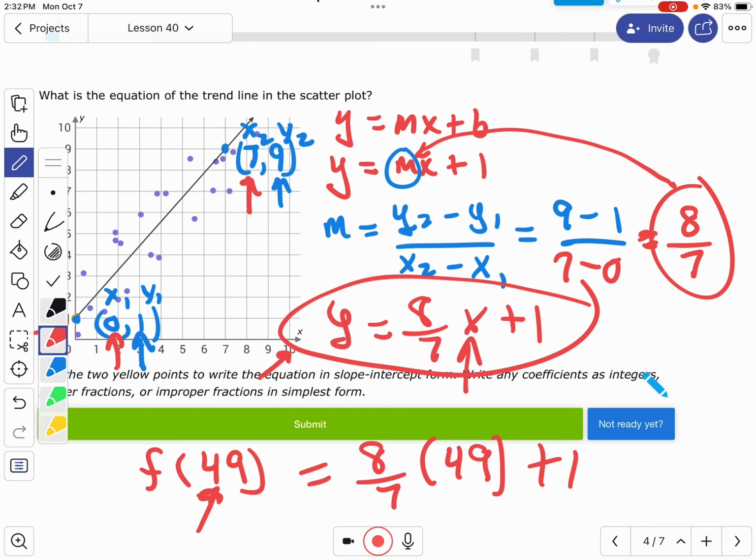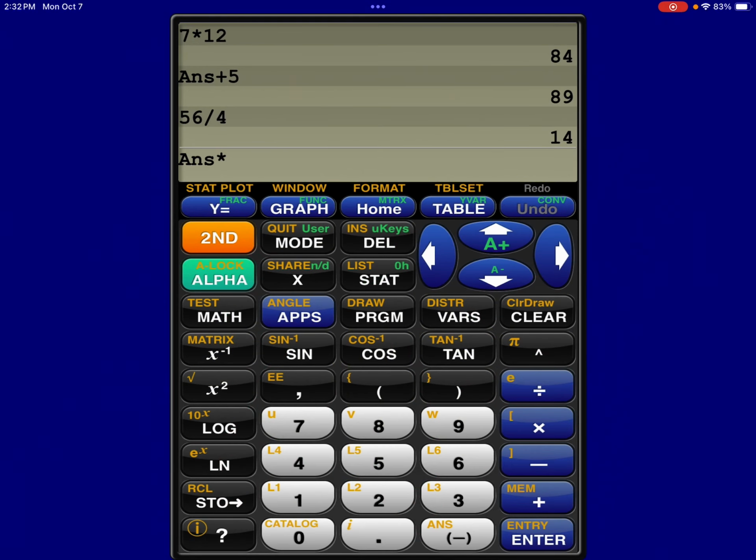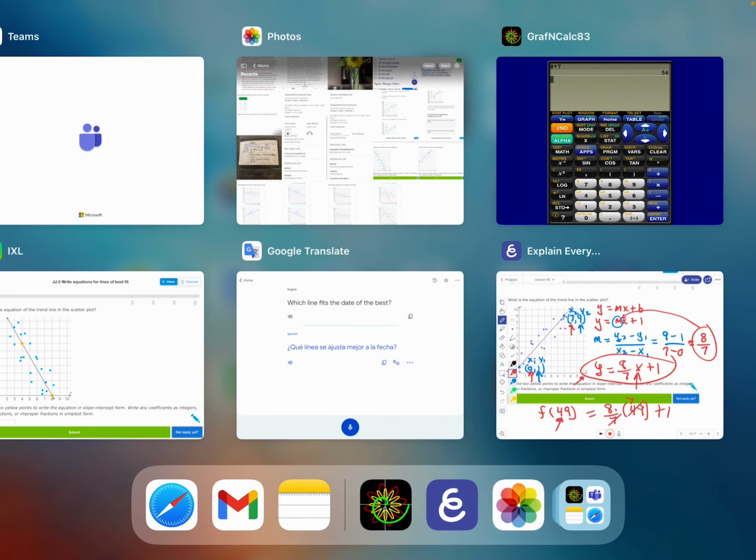And so as we solve this, we'll see that 49 and 7 go into each other 7 times. So it's really 8 times 7. And 8 times 7, just take a look at your graphing calculator, that's equal to 56.